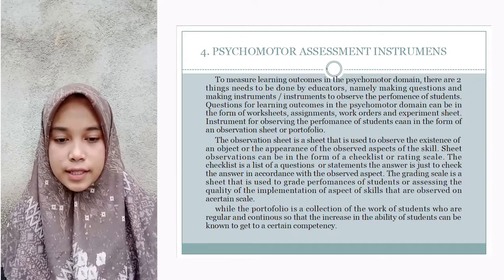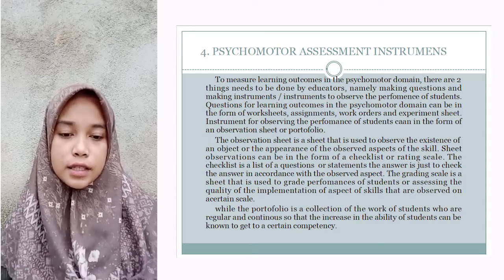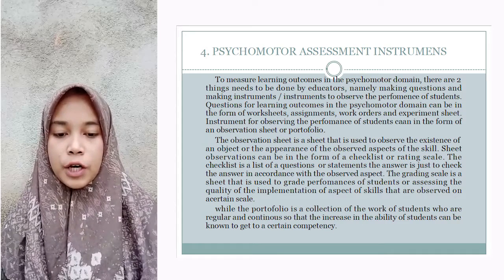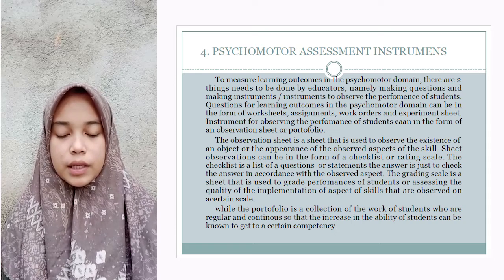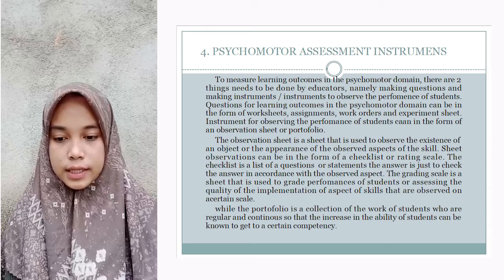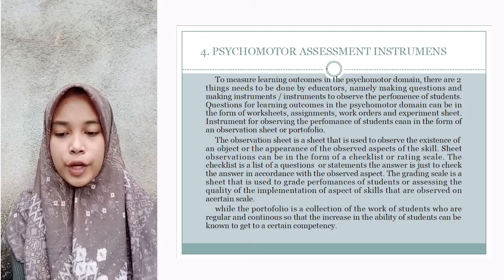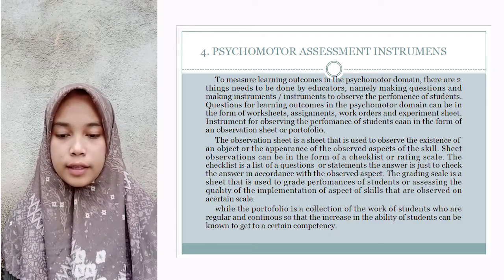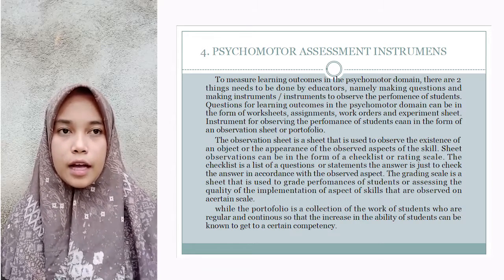The observation sheet is a sheet that is used to observe the existence of the observed aspect of the skills. Observation sheets can be in the form of a checklist or rating scale. The checklist is a list of questions or statements where you just check the answer in accordance with the observed aspect.